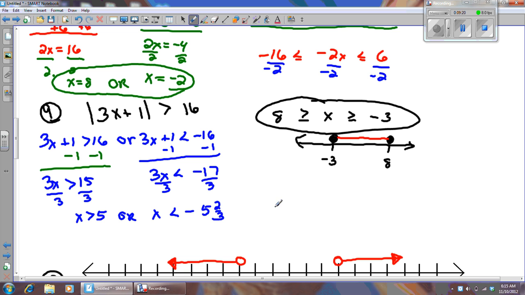To graph that on a number line, I'm going to have 5 on there. It's going to be an open point at 5. We have negative 5 and 2/3. Might want to show a 0 in between. That's fine. That's also an open point. I know it's an or. It's going to go like that.